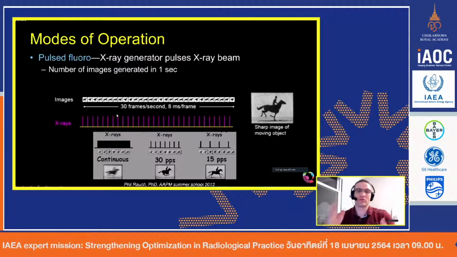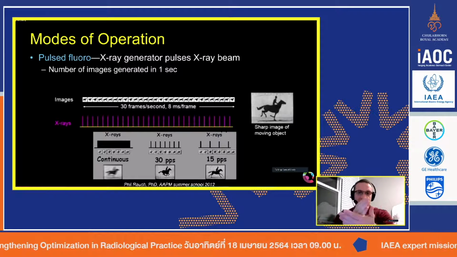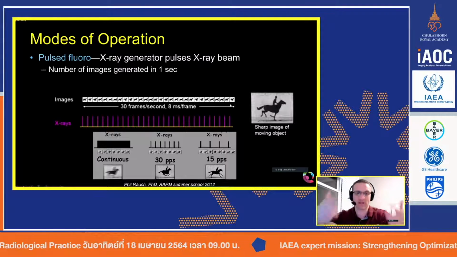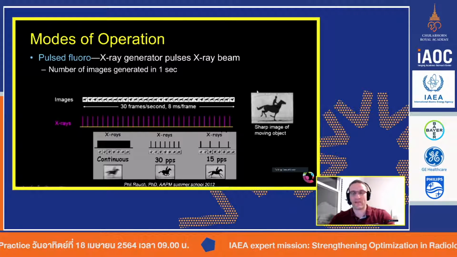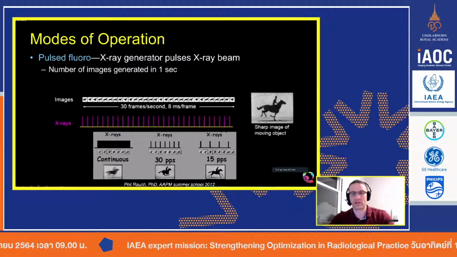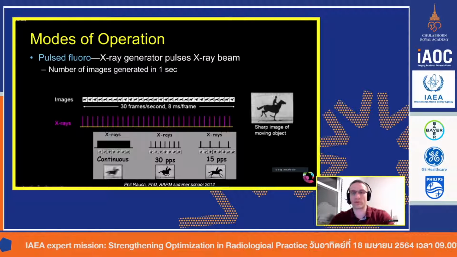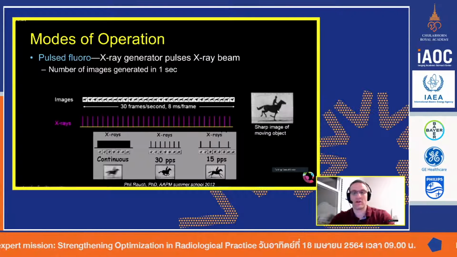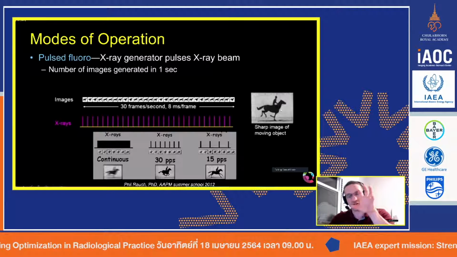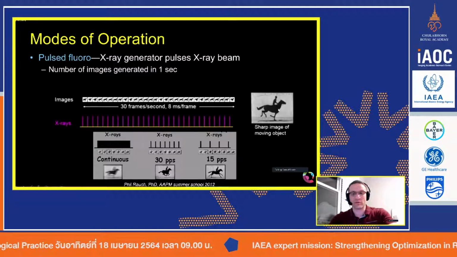Basically what we're doing is sampling the image now. We're sampling it every 8 milliseconds, creating 30 of those frames, and then we're going to just add them together. And the net effect is when you use pulsed fluoro, you get cleaner, crisper images. So to improve the temporal resolution, not the spatial, the edges, but the temporal resolution, the ability for it to look crisp in time, you actually want to use pulsed fluoro.